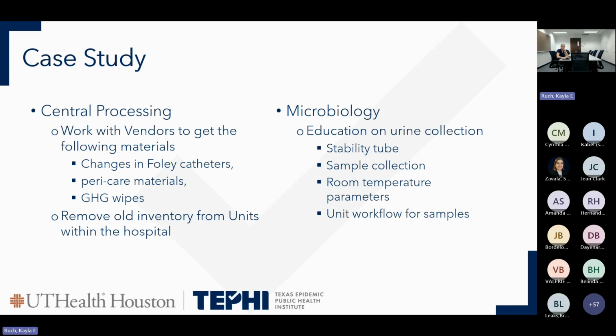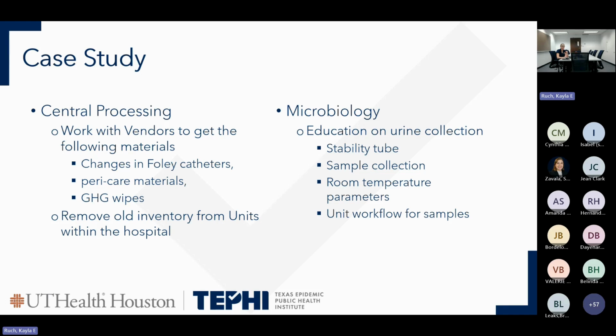Lastly, we'll look at central supplies and work with vendors to look at specific materials and making sure of changes in our Foley catheters. What Foley catheters do you have in your organization, are they impregnated with silver antimicrobial, like some of the other vendors, that have shown clinical evidence of reducing infection risk?